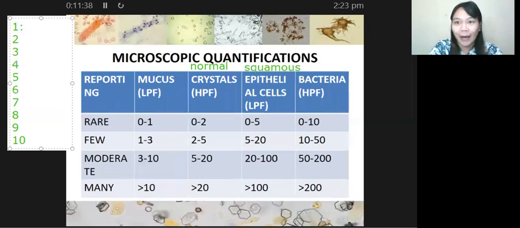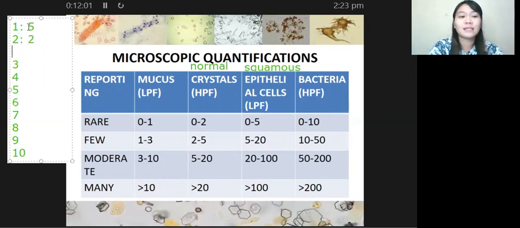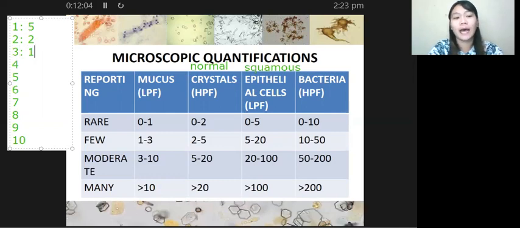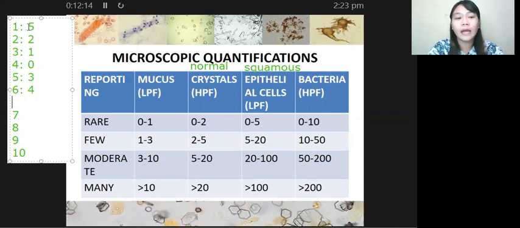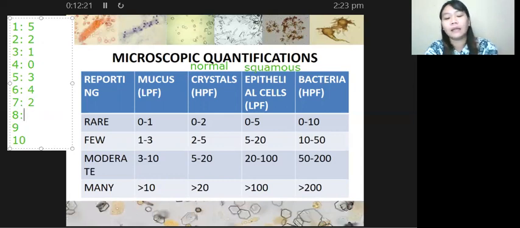Because that is what is needed: 10 LPF or 10 HPF. In the first field, say we counted 5 mucus threads. In the second, 2. In the third, 1. In the fourth, none. In the fifth, 3. Then in the sixth, 4. Just an example, class. Then 2, then 3 again, then 1, and then 1.